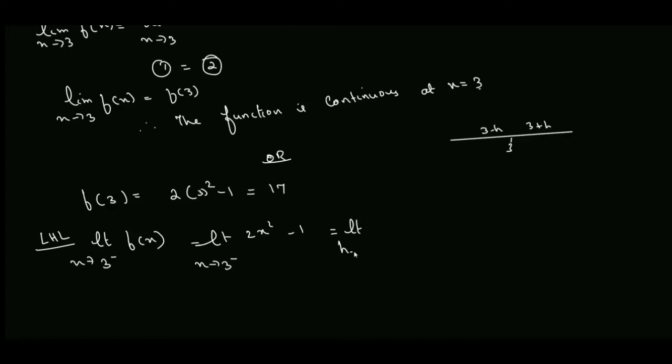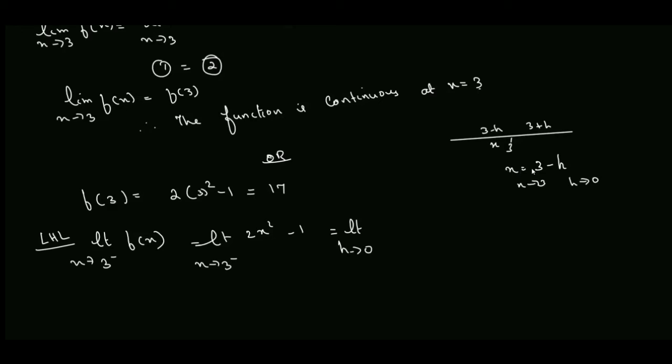So that is equal to limit, we have to change it to h now. You have to write x as 3 minus h. 3 minus h means a number very close to 3 but left of 3. So when x is approaching 3, h will tend to 0.